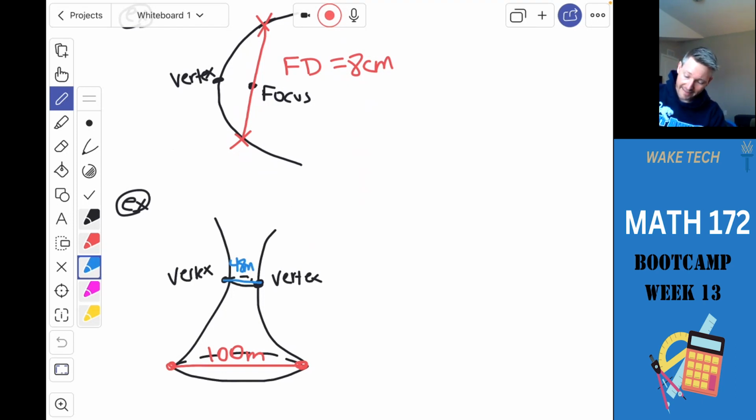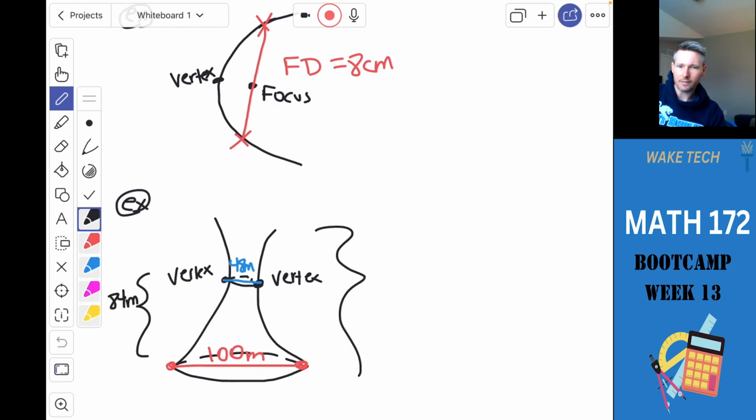We're also told that the smallest diameter occurs 84 meters above the base, and that the entire tower is 120 meters tall.